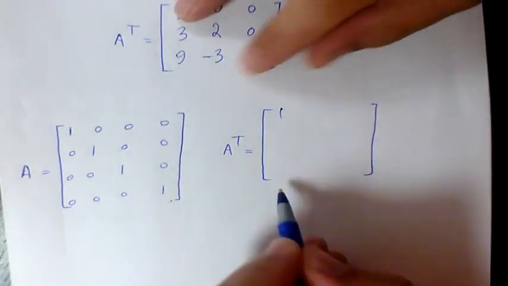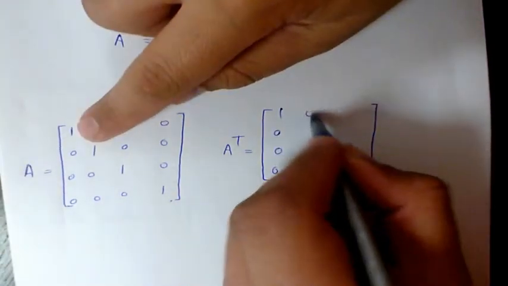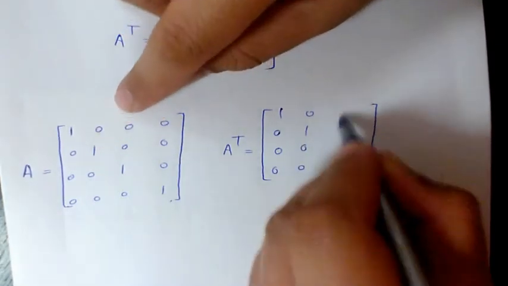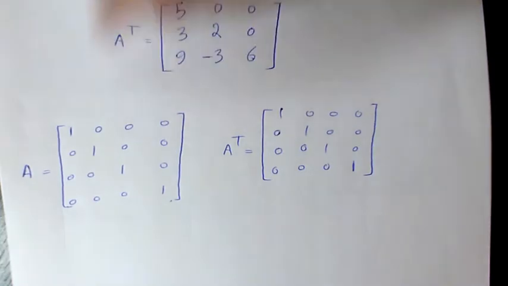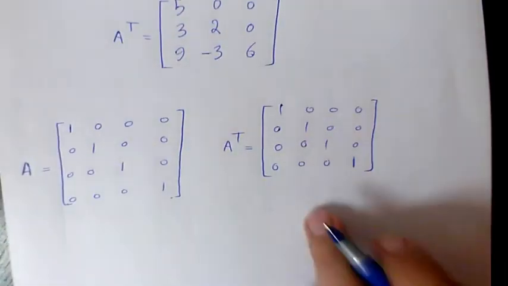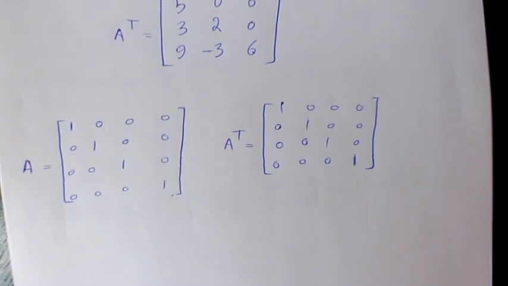So it's going to be 1, 0, 0, 0, 0, 1, 0, 0, 0, 0, 1, 0, 0, 0, 0, 1. As you see here, the transpose of the matrix is the same as the original matrix. So we can say that for identity matrices, the transpose of the matrix is equal to the original matrix.